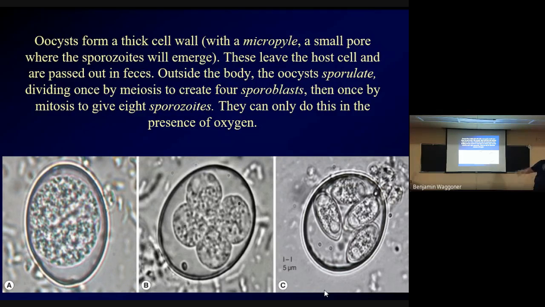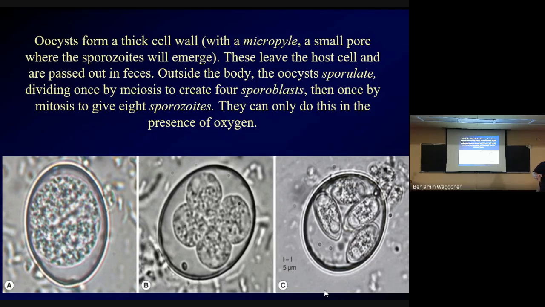When they're freshly passed, what they look like is stage A right there. They actually need to be in the presence of oxygen for a couple of days to finish the life cycle.